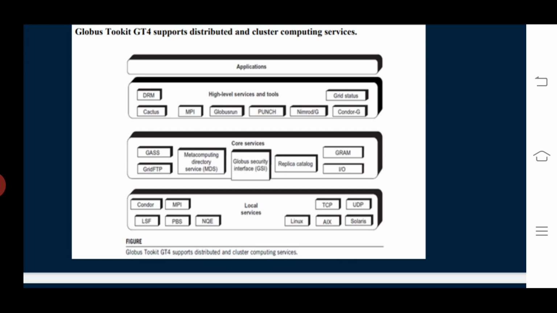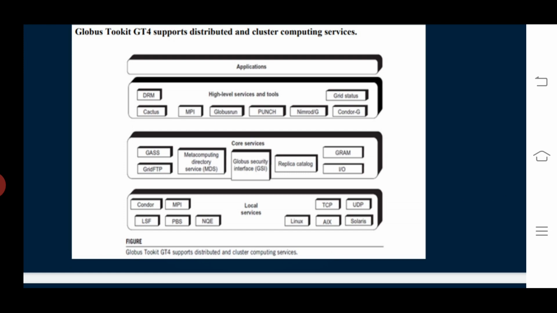Here initially we can say that Globus Toolkit supports distributed and cluster computing services. In the sense, the Globus Toolkit was initially motivated by a desire to remove the obstacles that prevent the seamless collaboration and the sharing of resources and services in scientific and engineering applications.